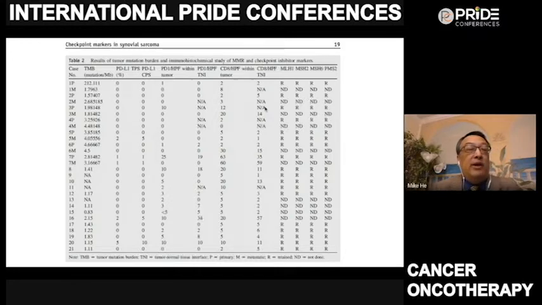And then the rest are the PD-L1, TPS, CPS, CD8, and the immunohistochemistry of the DNA mismatch repair. Next slide, please.